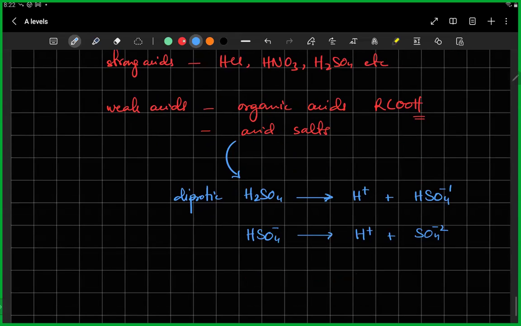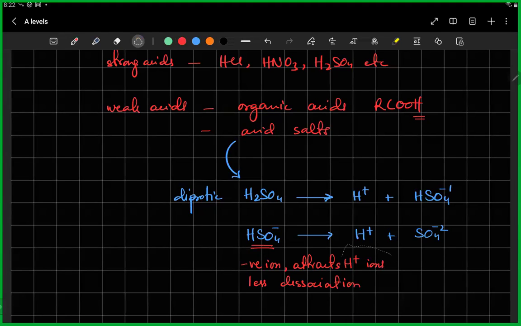So the issue is कि it's a negative ion and it's going to attract H plus one ions, right? So why would it release H plus ions? So hence, there's going to be less dissociation. It would be very hard for it to actually let go of H plus one ions.